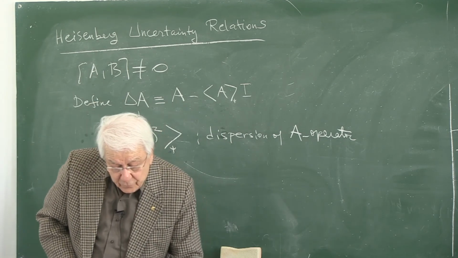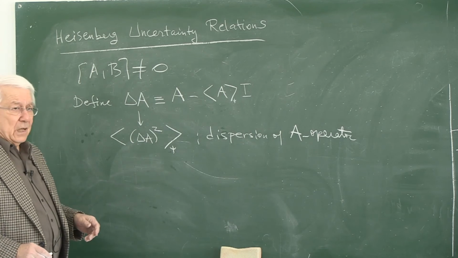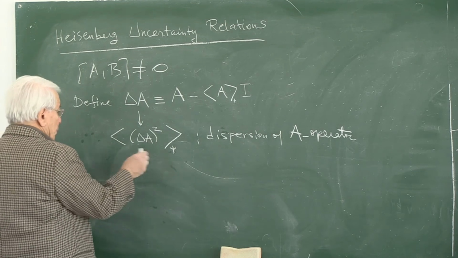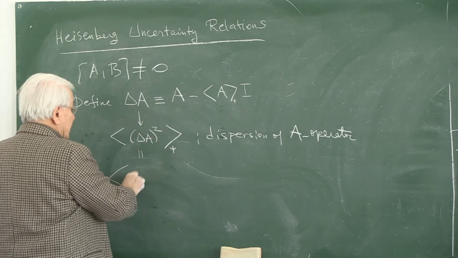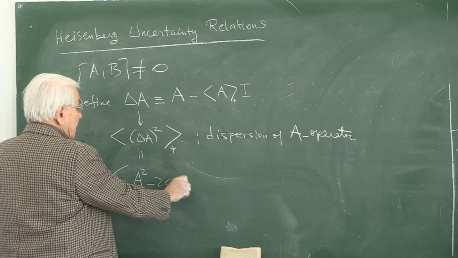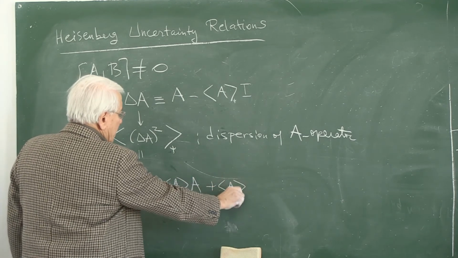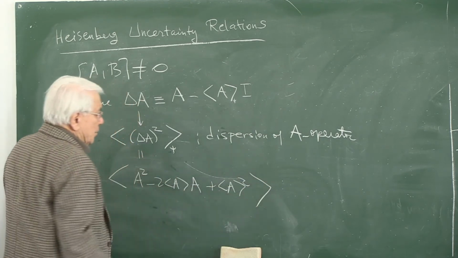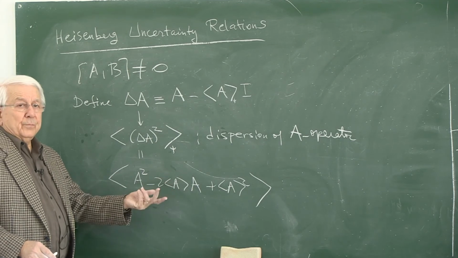Well, let's first of all make an observation that this could be written in a slightly different form in the following way. This is equal to the expectation value. Inside there is A squared, and there is twice A times the expectation value of A, plus the expectation value of A squared. Some of you may say, wow, these are operators and you are commuting them.